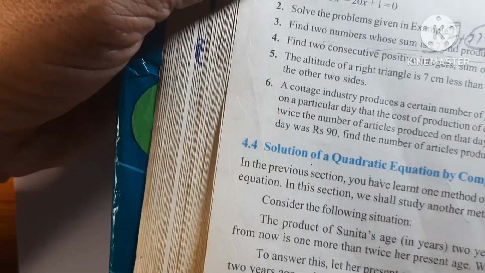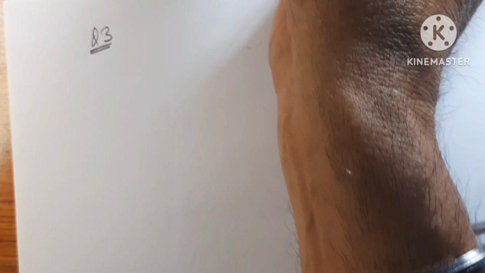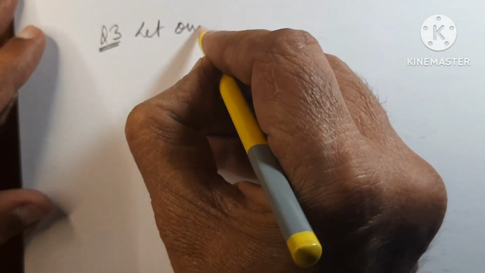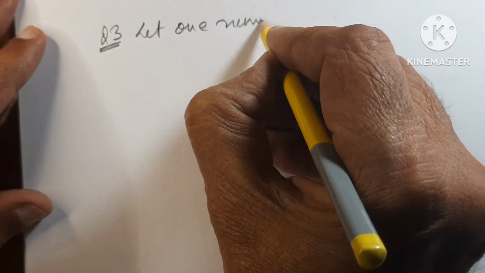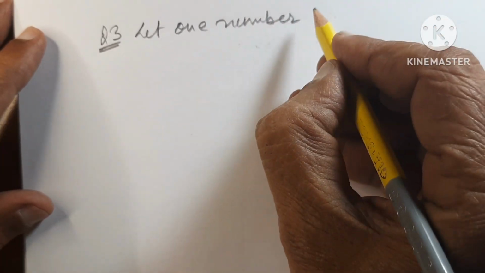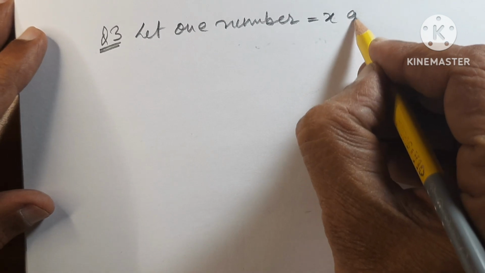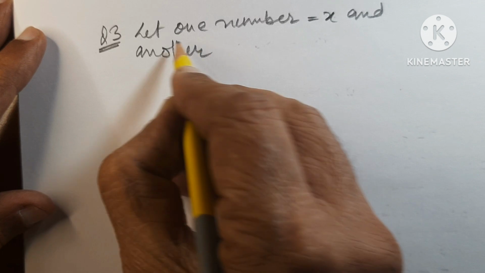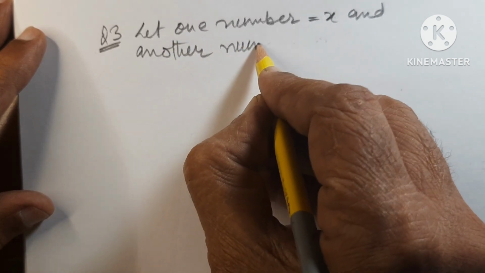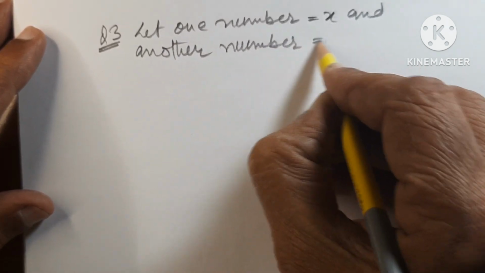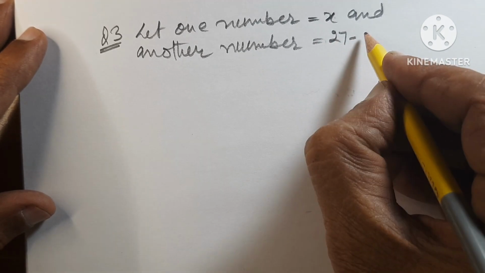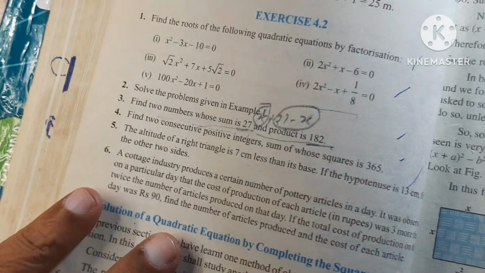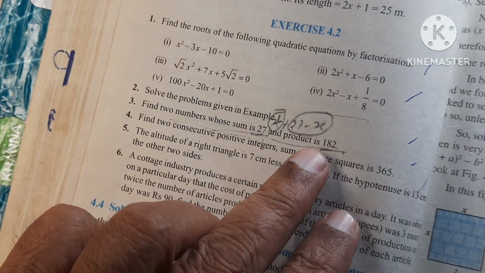So let us start. Let one number be equal to x and another number be equal to 27 minus x. Another condition given is their product, and the product is 182.